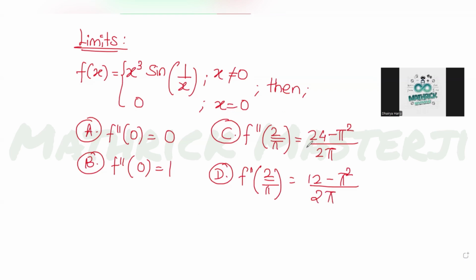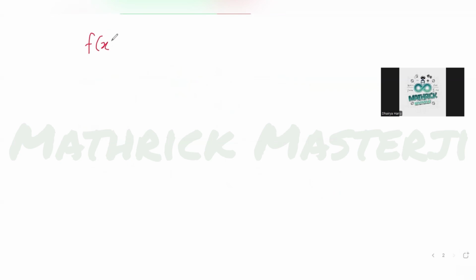Let's figure out which one of the answer choices is the correct answer for the question that is given to us here. So let's see the first part. If I have a function f of x, which is given to me, x cubed sine of 1 over x, and I find the first derivative, f dash of x, I can just apply the product rule, u into v, because there are two functions.